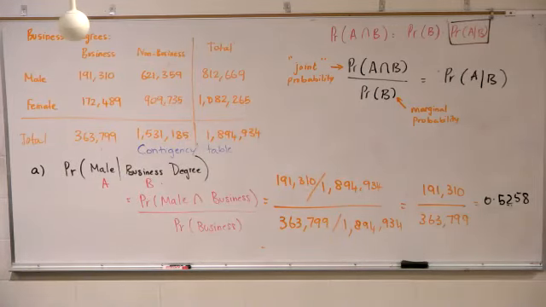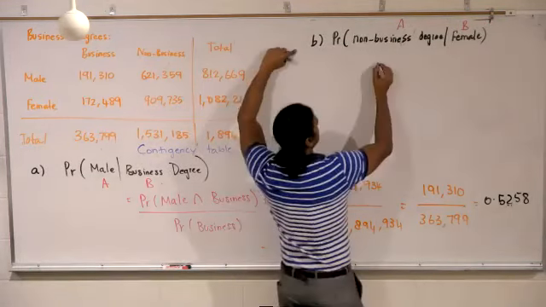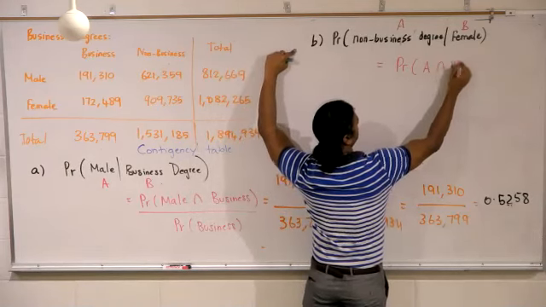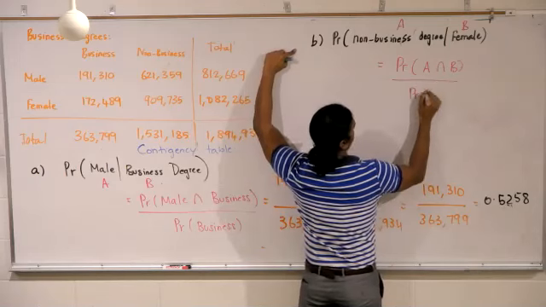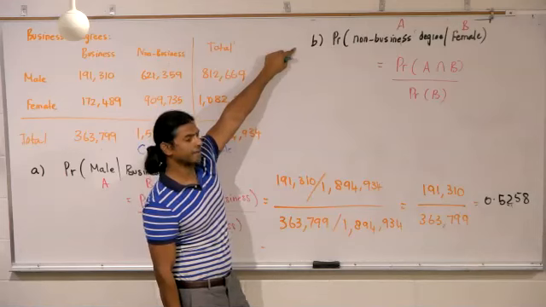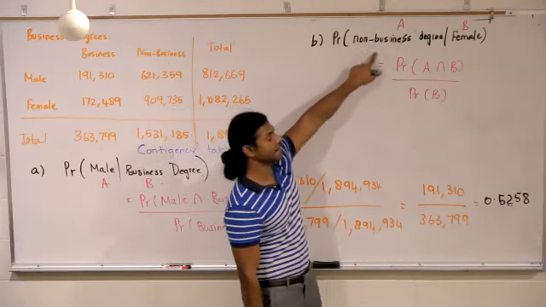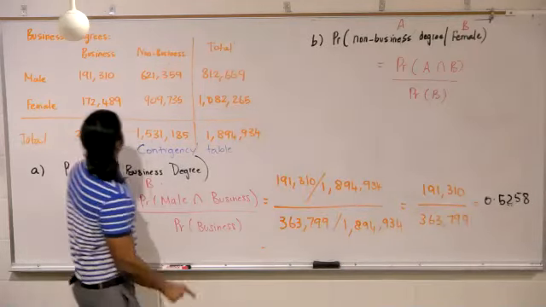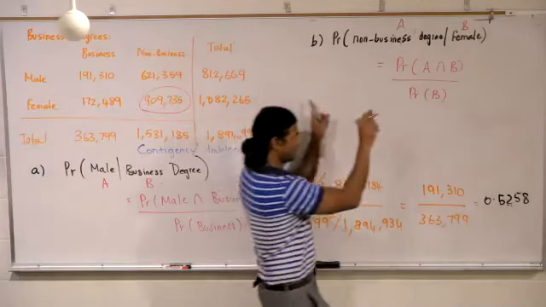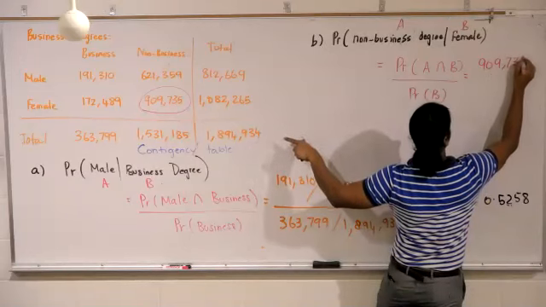We know the formula, the probability of A given B is the probability of A and B divided by the probability of B. In our case, we want to find the probability that a person has a non-business degree given female. Non-business and female would be that amount. I'm looking at the entire population, so the entire sample size.